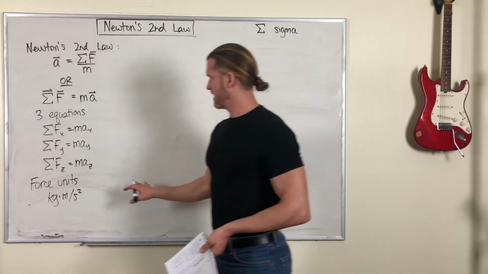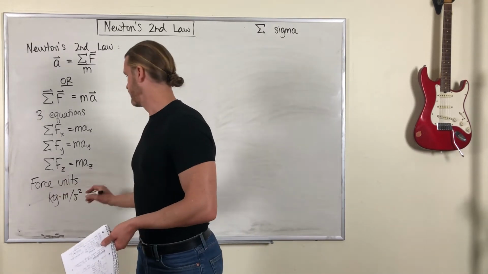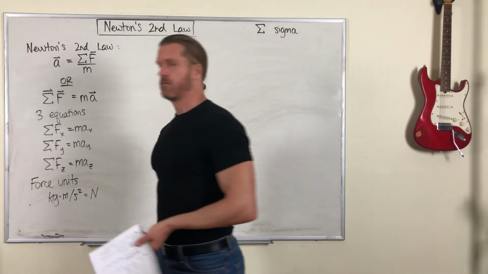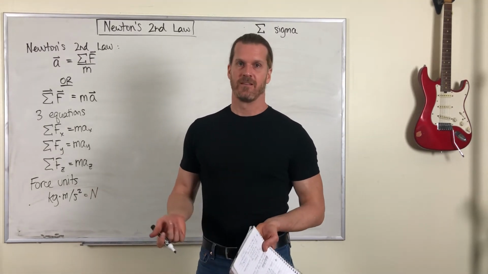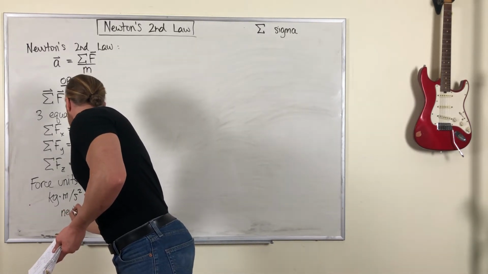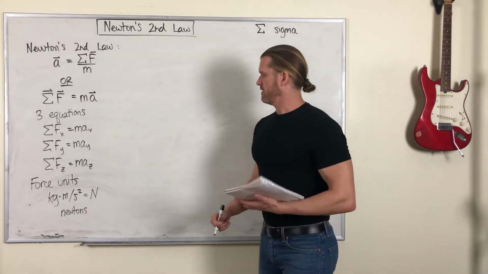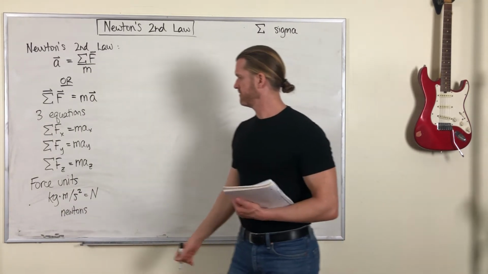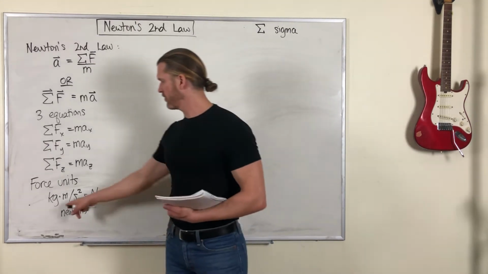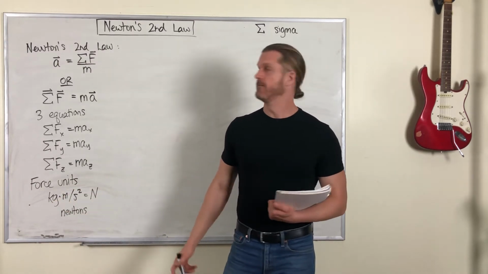And to honor Isaac Newton, this combination of units is given the name newtons, with capital N for that combination of units. So you can write it either this way or just as N.